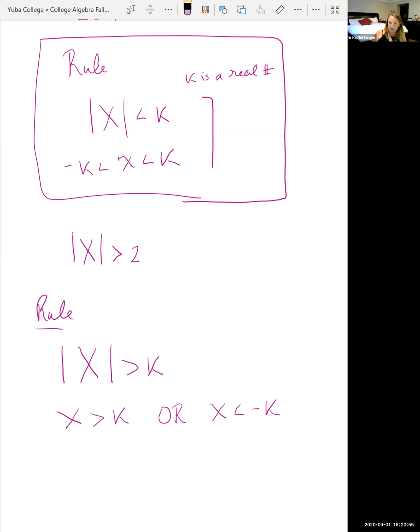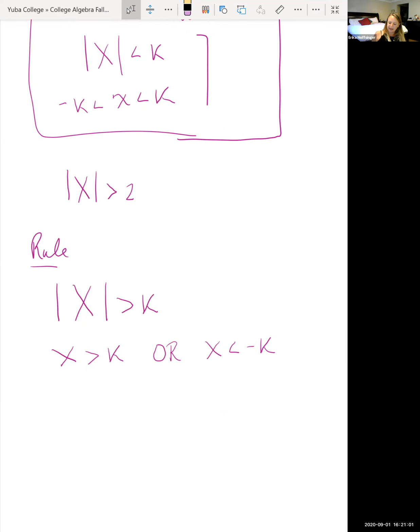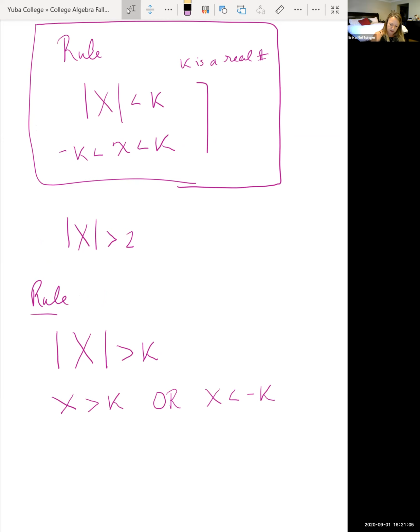So or statement means both of these work. So it's this set plus this set is our solution. Okay, so let's pull out some examples.